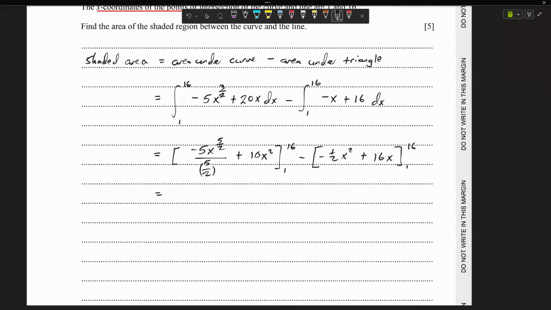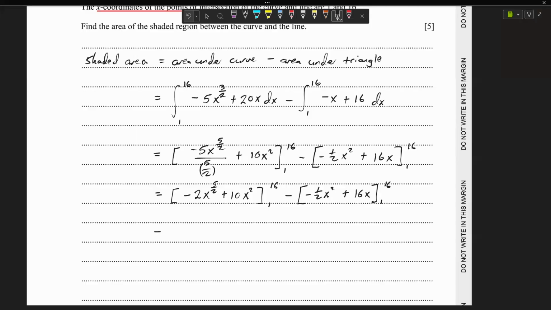So we have here, dividing these should give us minus 2x to the 5/2 plus 10x squared, 1 up to 16, minus, this is still the minus a half x squared plus 16x. And that's 1 up to 16.